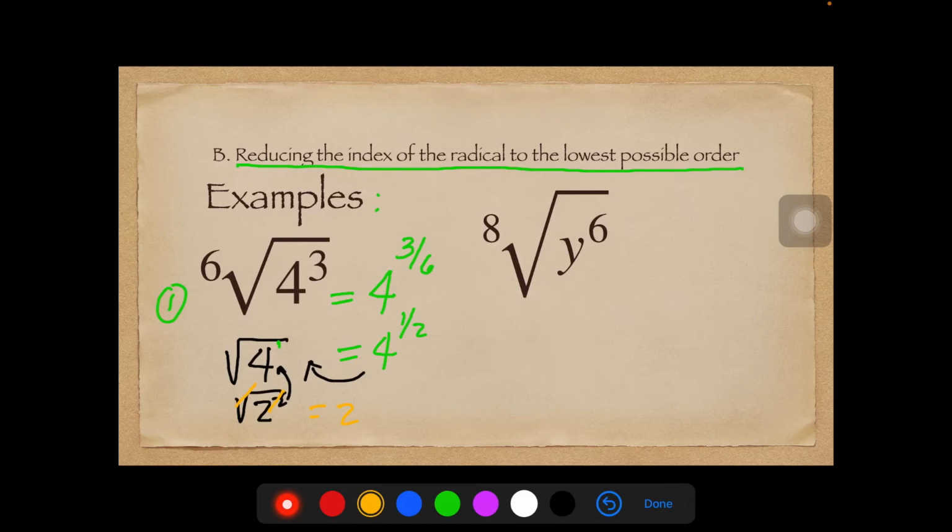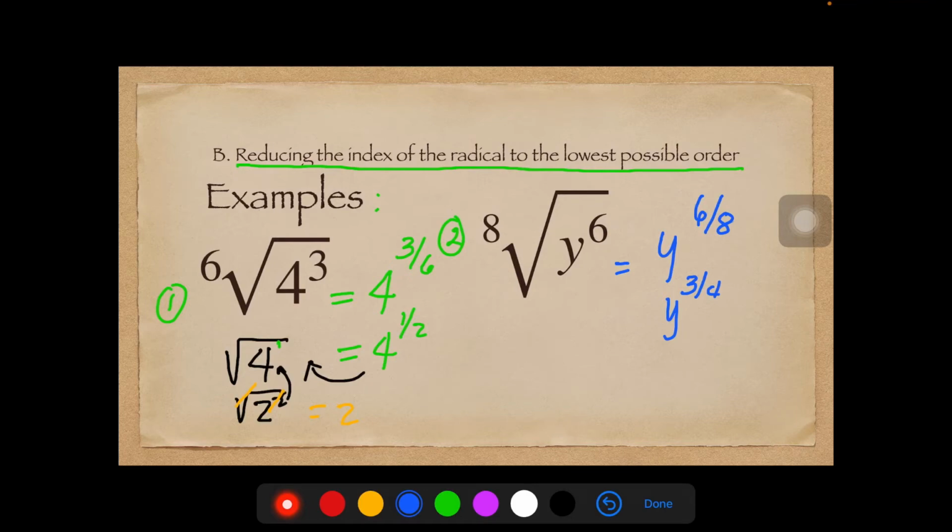For the second example, we have the 8th root of y to the 6th power. Again, we do the same as how we did that in number 1. So we have y raised to 6 over 8. That can be reduced as 3 over 4. So what will be the index?